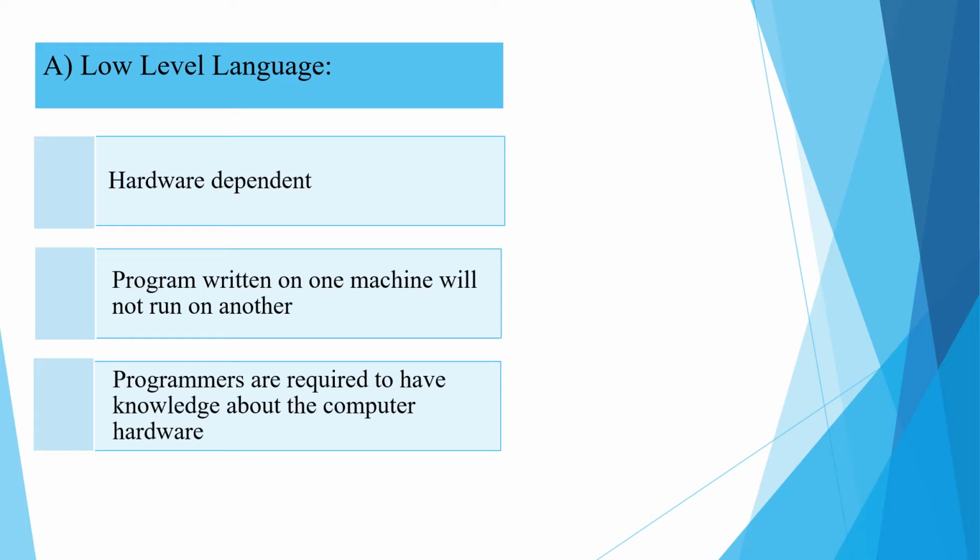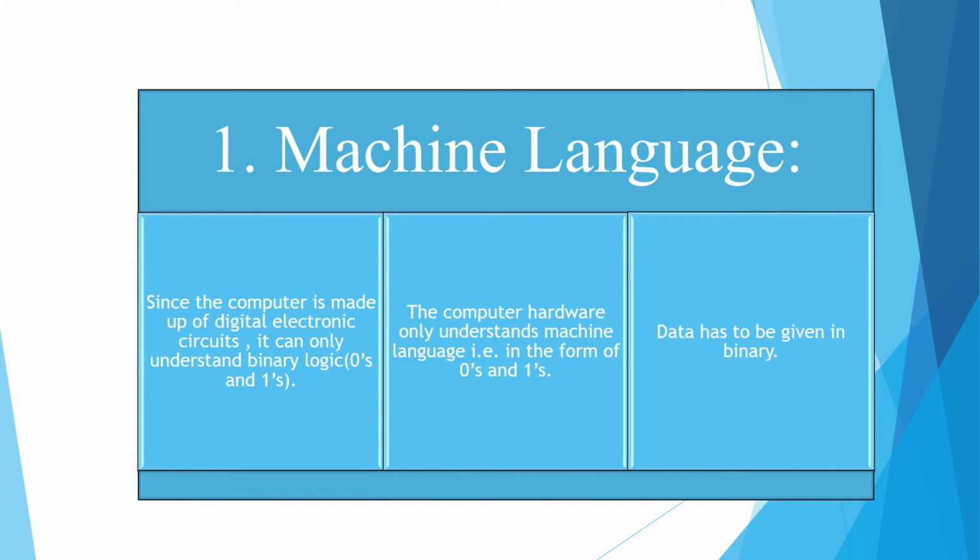Then only they can understand these low-level languages. Now, there are two low-level languages, which we can see in the next slide. The first low-level language is machine language. Since it is the earliest computer language, machine language was developed in the 1940s. Since the computer is made up of electronic circuits, it can only understand binary logic, and that binary logic is in the form of zeros and ones.